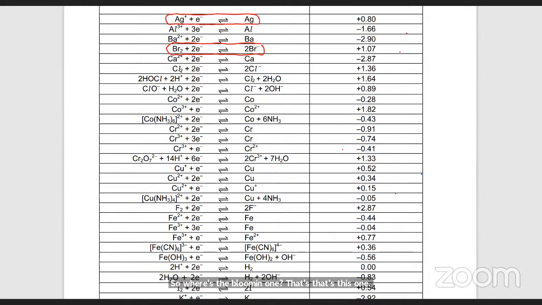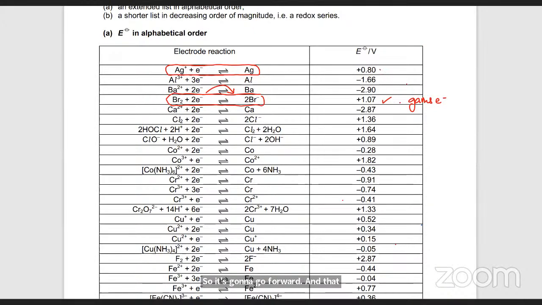These 2 electrodes. This is the higher potential, it's going to gain electrons. So it's going to go forward. And that is your lower potential, it is going to lose electrons. So electrons would flow from which electrode?